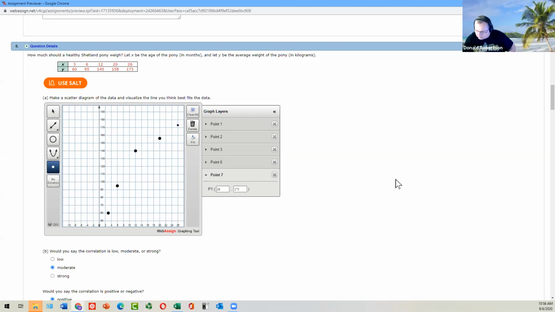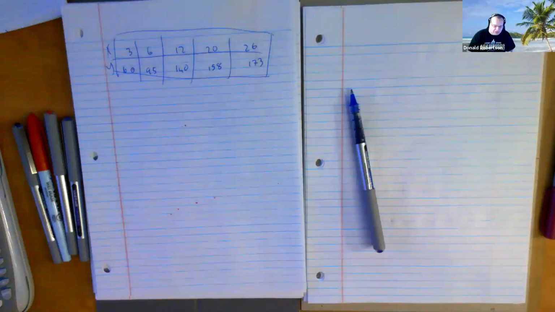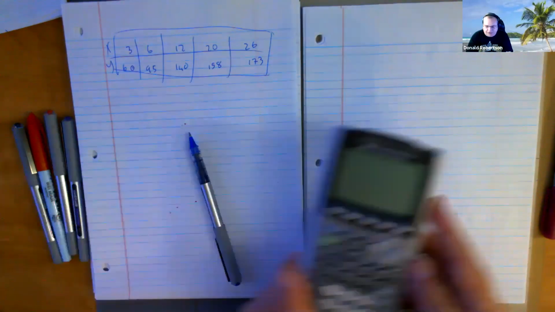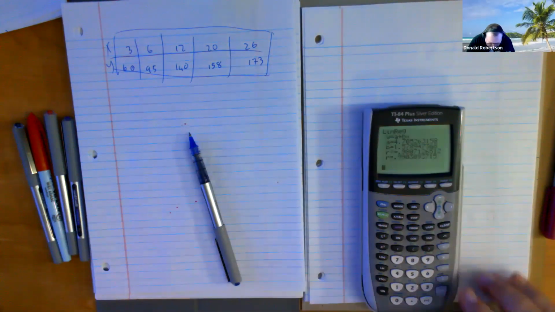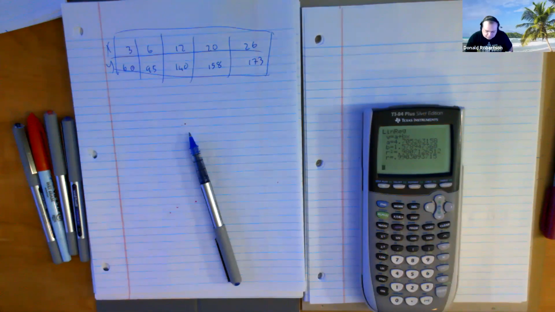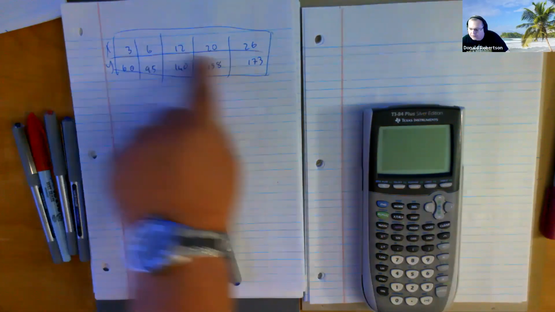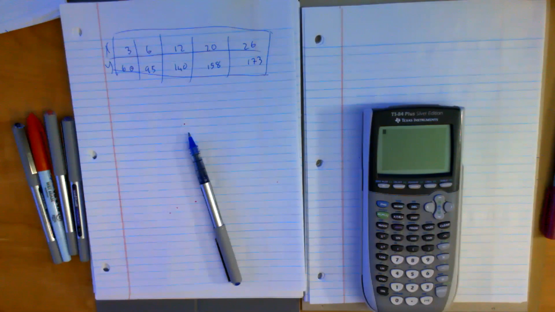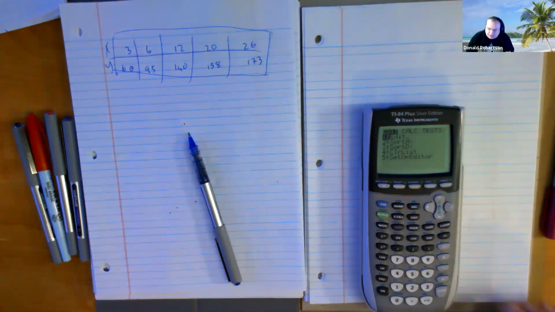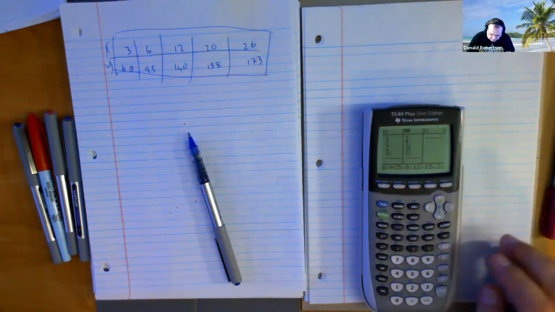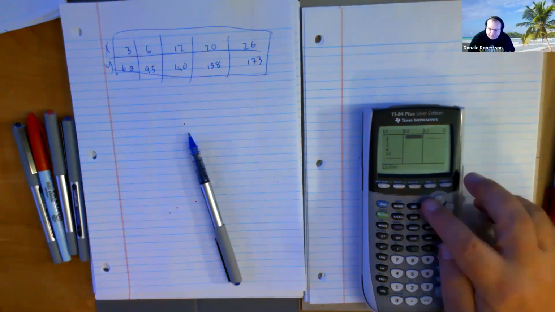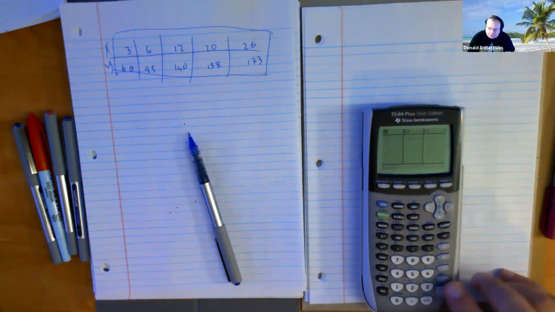Okay, so I'm going to come out and in, and we're going to show you how you can do all that good stuff on the calculator. Sorry about the mess, I was kind of fast. On the calculator, what do you think the first thing I'm going to have to do to get the R value for this thing? Edit and input your data. Got it in one. Okay, edit, clear out the old stuff, bring in the new stuff.